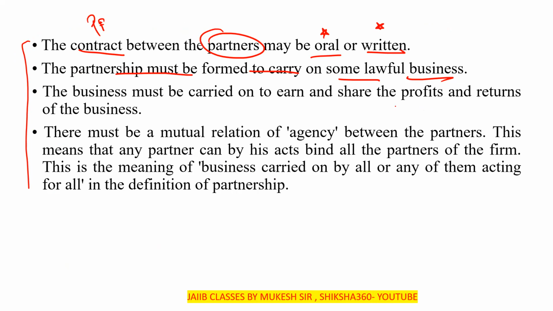Why is a partnership firm formed? It must be formed to carry on some lawful business, and the business must be carried on to earn and share the profits and the returns of the business, clear?